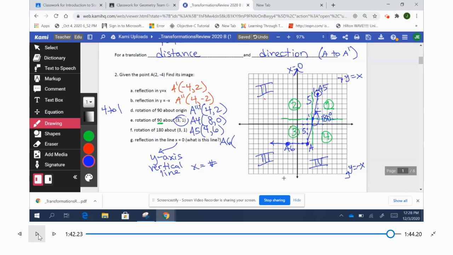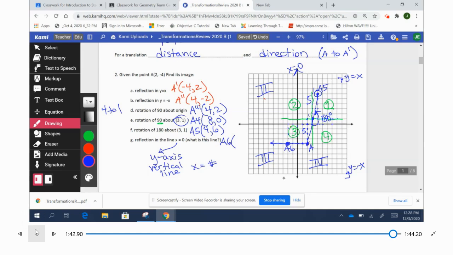We don't tend to draw the path when it's straight up and down or straight across, but I did just to exaggerate that idea of line reflection. Since the path is already plotted, we're just going to count 2 to the mirror, 2 more to the image.